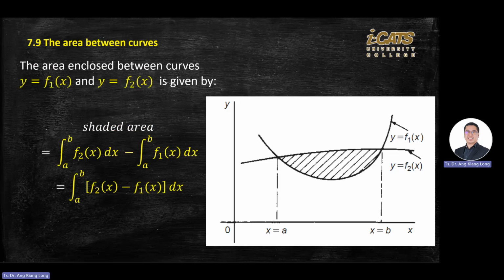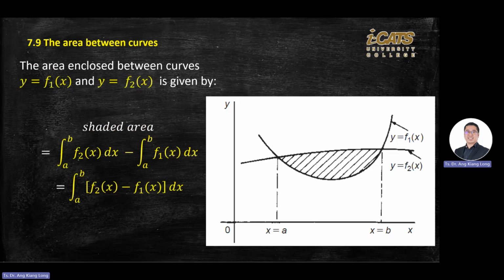Okay, I explain this one, then we have your quiz already. This one, the concept of how to get the shaded area. This one is f2, the second equation. If you integrate, you get the positive area.